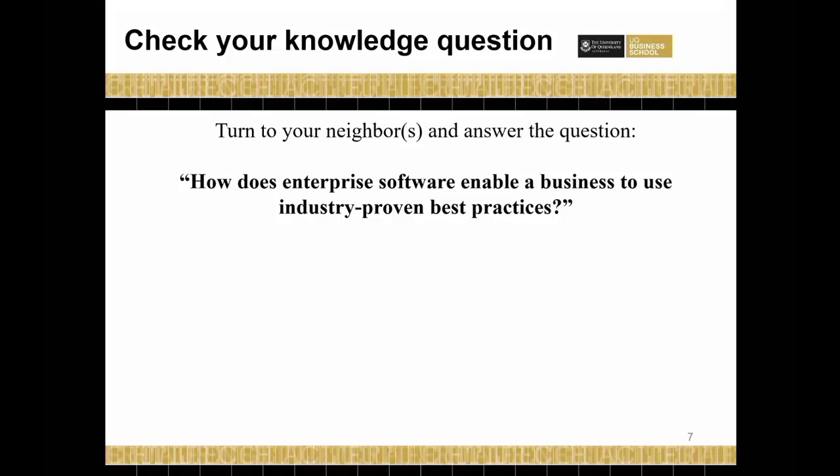And what I want you to do is to think about why this is the case. So please spend the next 2 or 3 minutes talking with your neighbor and thinking about ways why an enterprise software or an ERP system would enable an organization to use best practices.